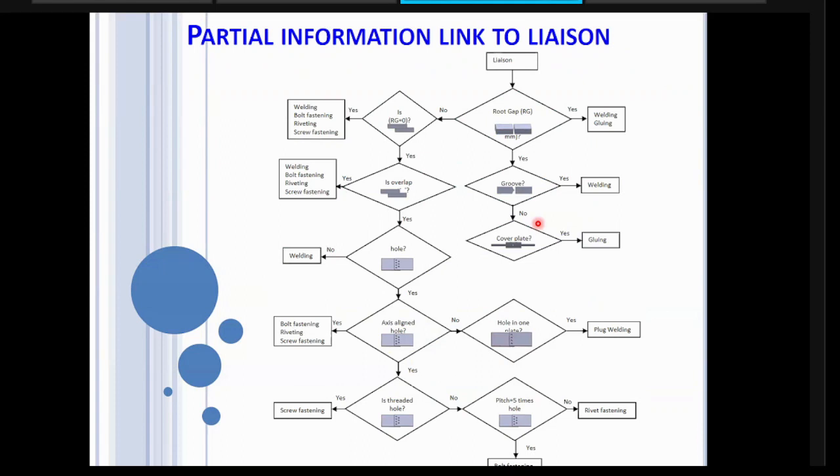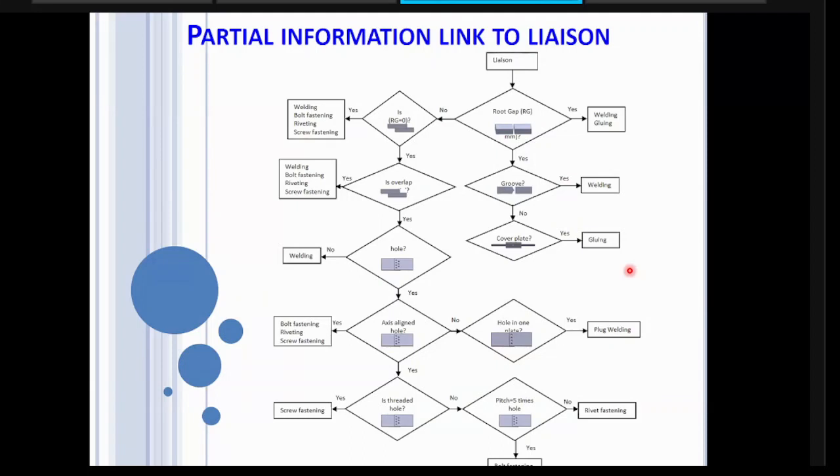Now, these slides basically tell us why these kinds of frameworks are required, because design is an iterative process. Whenever I am doing some design, I do not always have complete information.